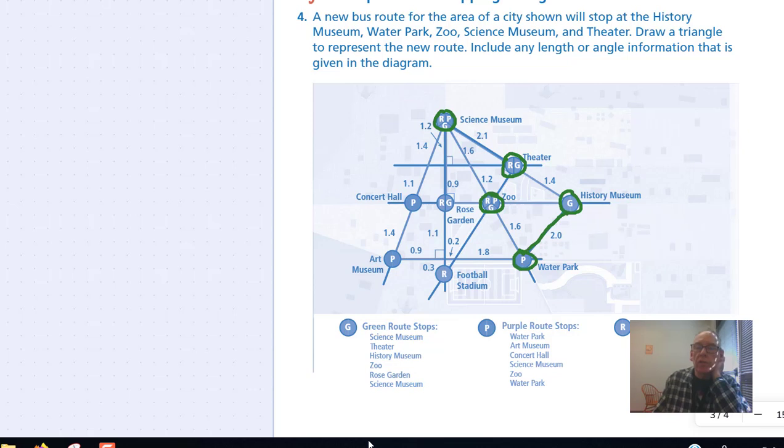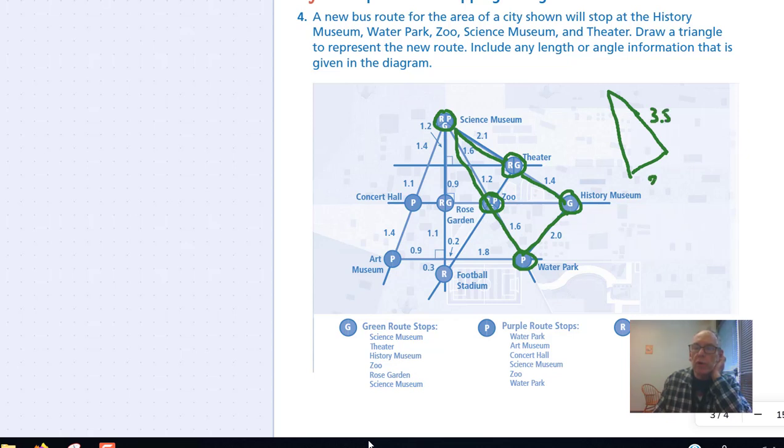Well, pretty much what I see in terms of a triangle is this series of things right here. So this side length, if I kind of copy the triangle here off of the side in terms of lengths of sides, this is 1.4 plus 2.1, which is going to be 3.5.